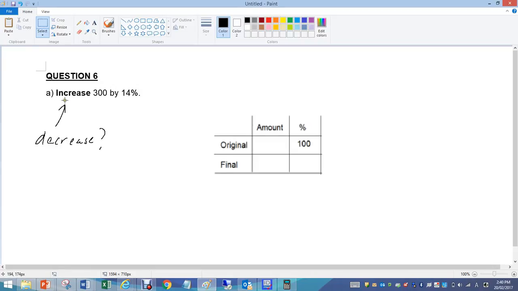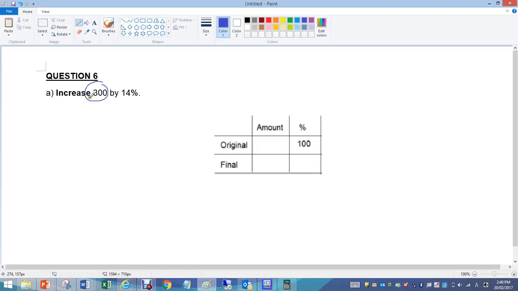Okay, so if it says increase or decrease, we need this. Now, increase 300 by 14%. So in this box, you've got 4 cells to complete. The original percentage is always 100, and then we need to read the question to see if we know our original amount, which is in this box, or if we've been given our final amount in this box, and also we often have to work out our final percentage in this box.